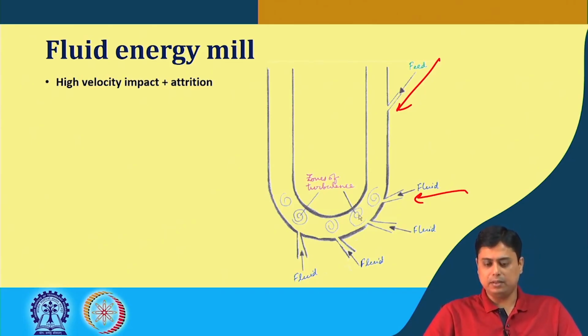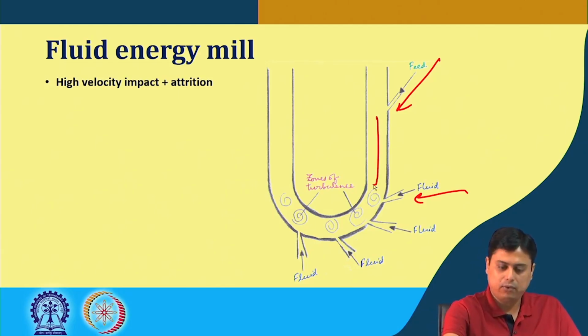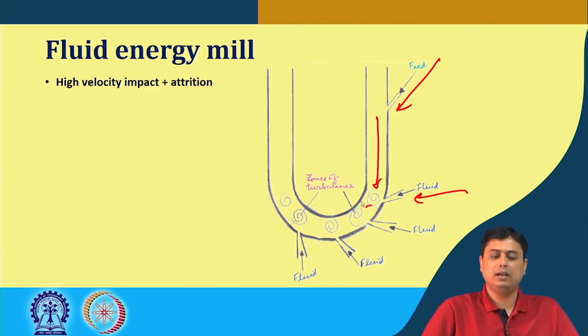Now, as it happens, the particles are falling and it is being hit by the jets of these fluids, which means a very high impact. And in the zone of turbulence, in the wake, these solid particles have this chaotic motion, and in between the particles there is attrition, and with that attrition the sizes are reduced.